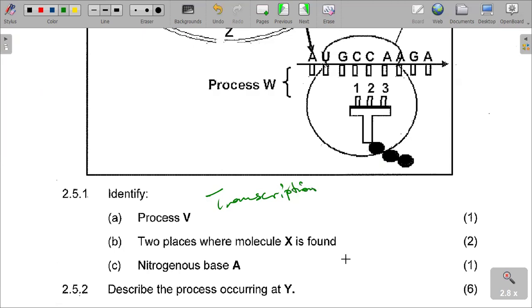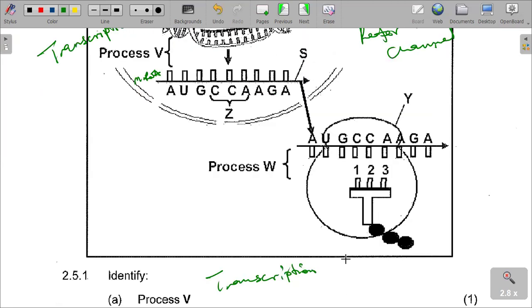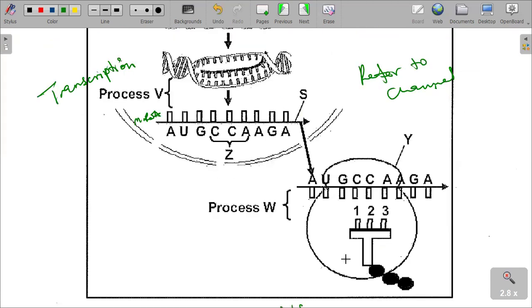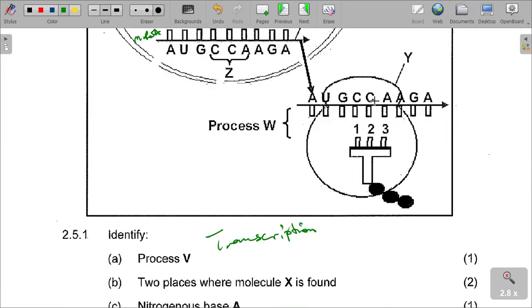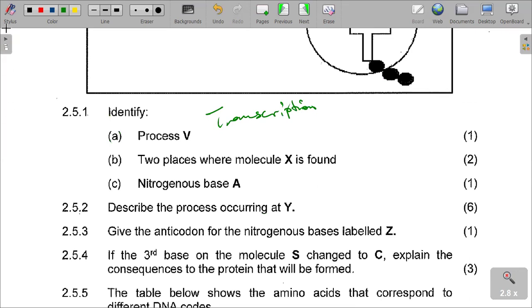And then identify two places where molecule X is found. Molecule X is our DNA. Where is it found? We need to understand that DNA is found in the nucleus of a cell.